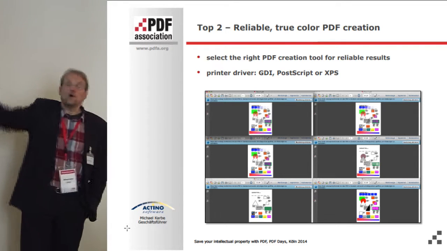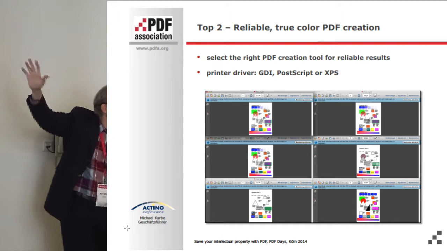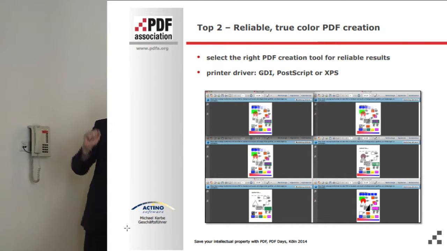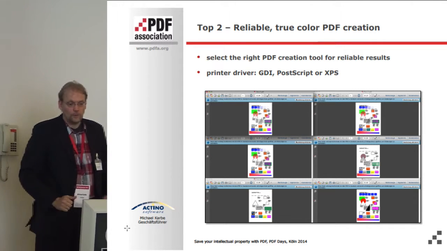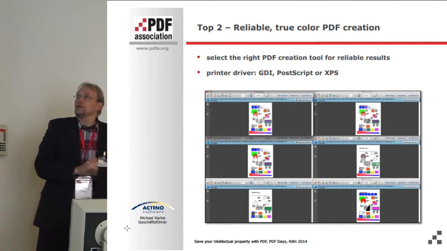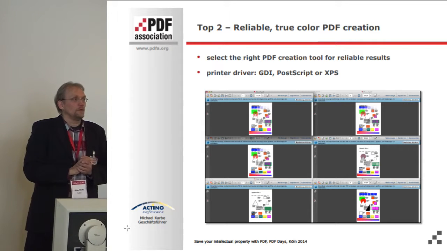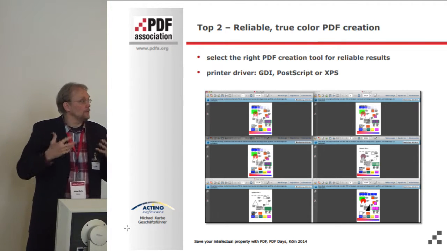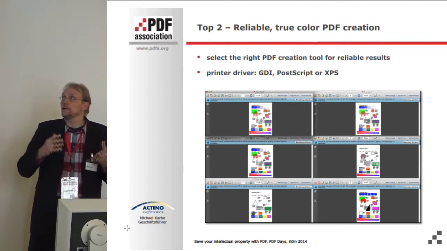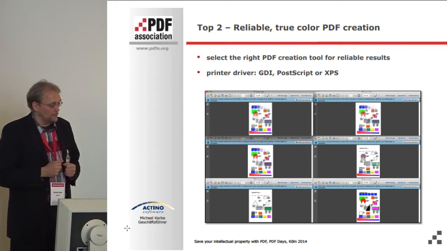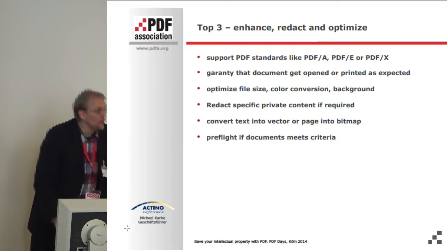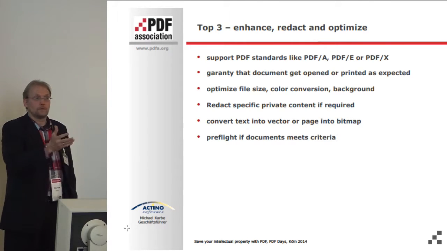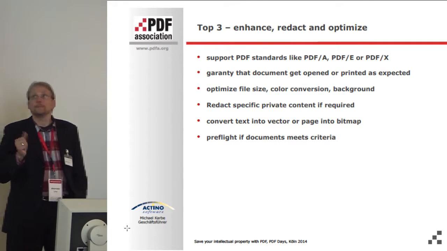They are all PDF-A compliant, but only one is the same as the original. So that's again one task: please evaluate your tool if it really meets the expected results. By the way, if you have any questions, feel free to interrupt. That's no problem.